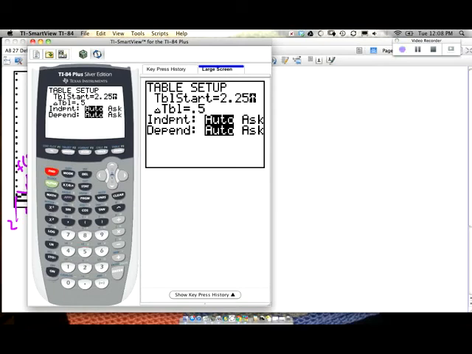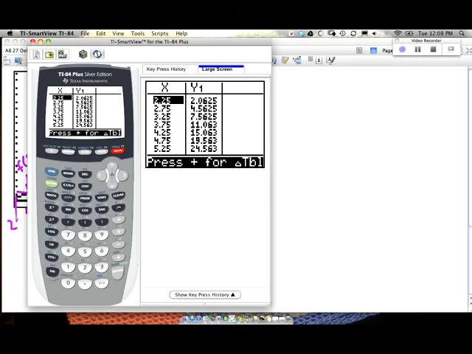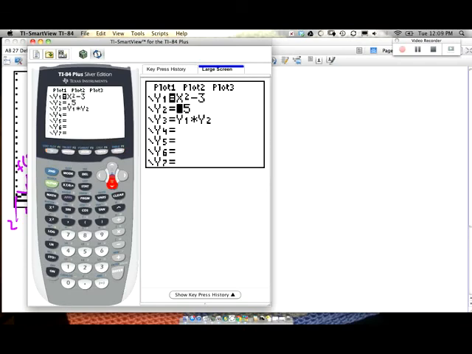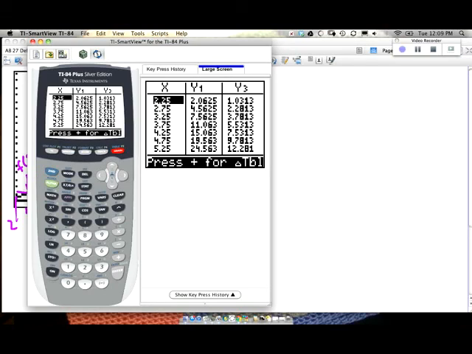Now when I look at my table, x is 2.25, there's my y1, and we've turned off our other values, but let's turn that one back on just so we see what it was. We'll turn y3 back on by pressing enter on the equal sign there. Now when I look at my table, I have these areas, again, these helpful areas.